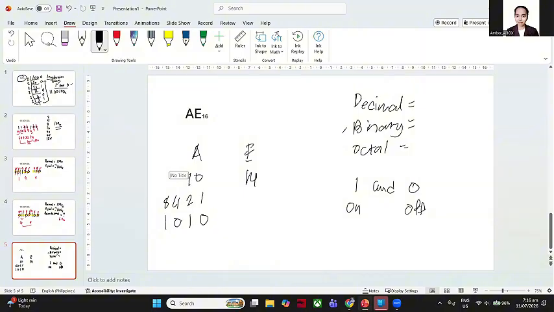The 8 and 2 are on because they reach the 10. Okay? So now we have our first group, binary, which is 1, 0, 1, 0.